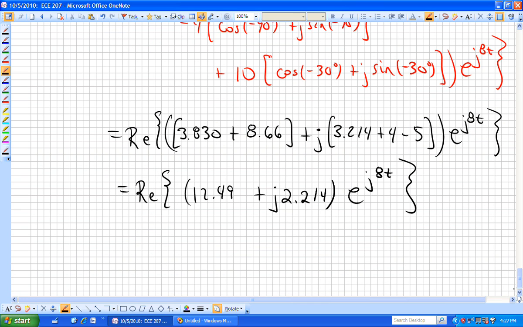Now we can turn that rectangular number into its polar form by its magnitude as the real part squared plus the imaginary part squared, square rooted. That's not going to be much bigger than what the real part is because of their difference, but it's now 12.685. What's the angle?